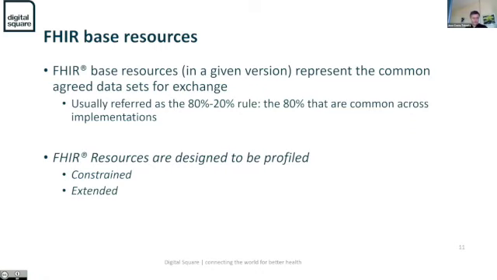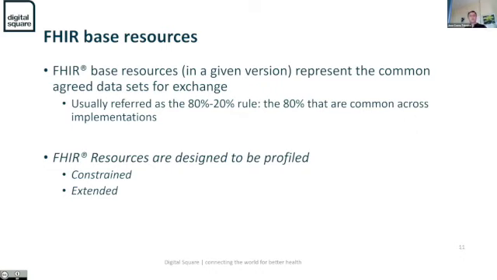So for example, let me continue using the name. In FHIR, we don't have first name and last name. We have family name and given name, because in Asian cultures, the concept of first name and last name would mean something different than what it means in Europe, for example.